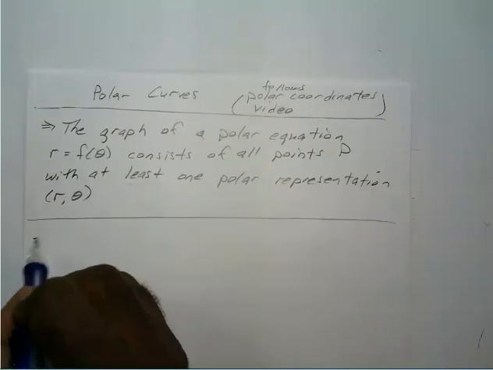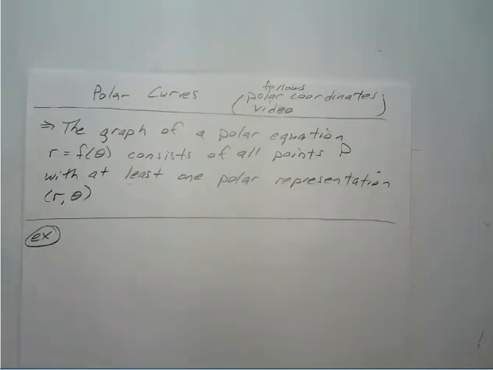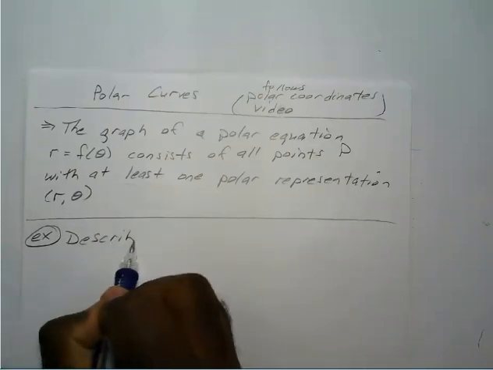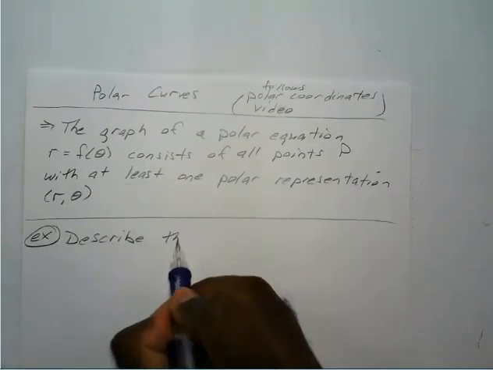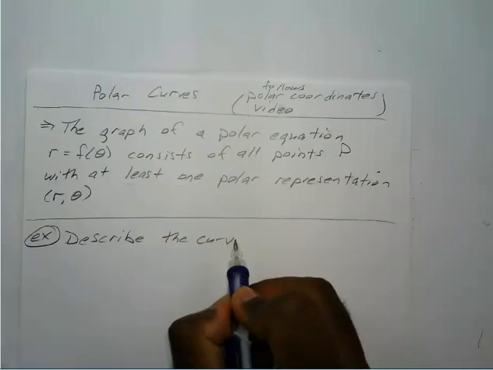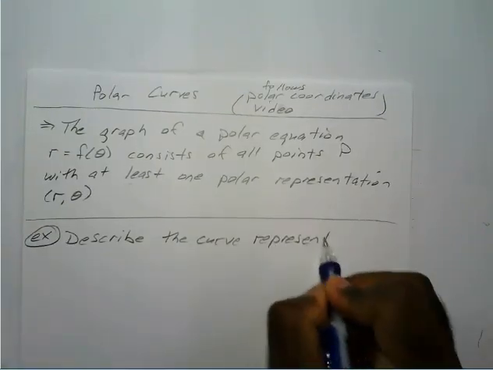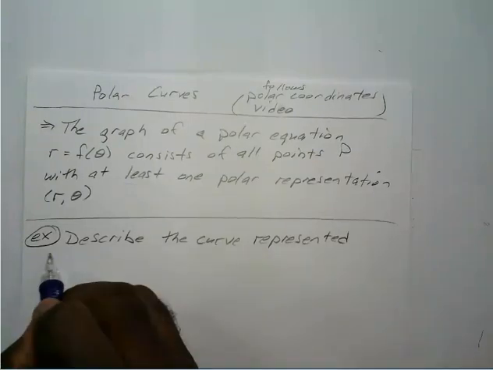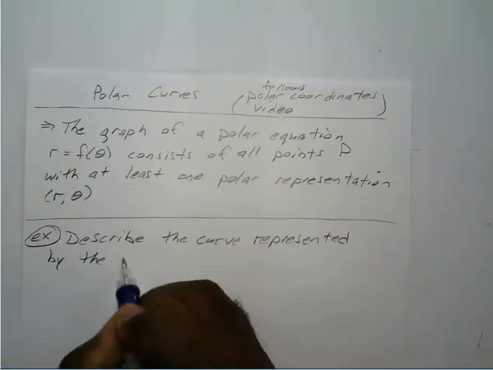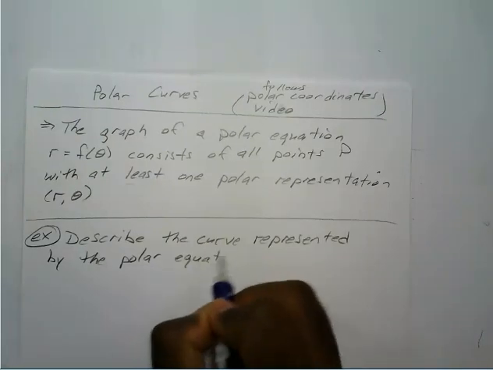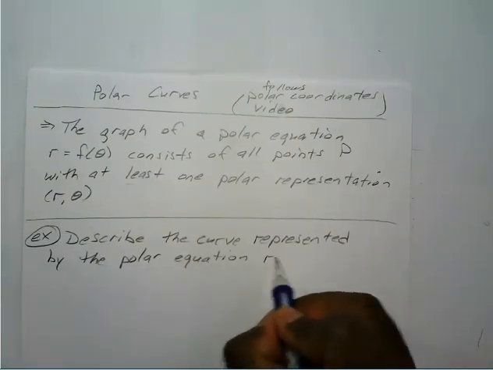Alright, so let's say, for example, we want to describe the curve represented by the polar equation r equals 2.